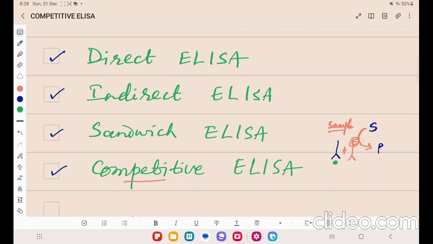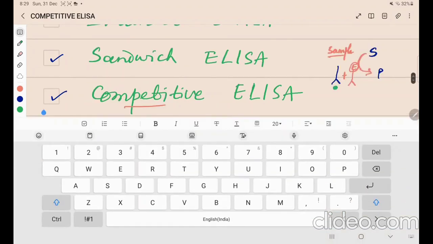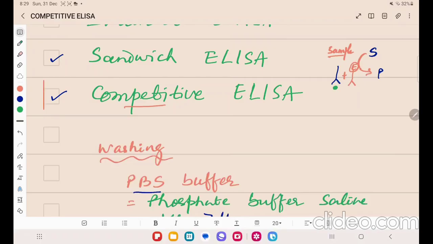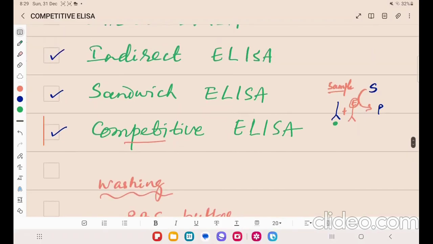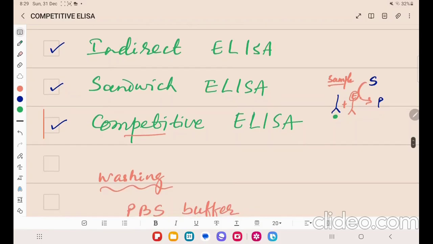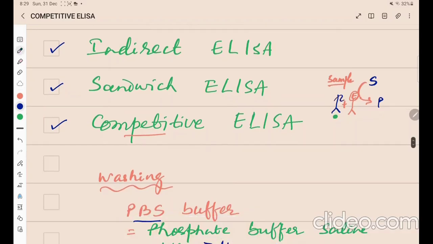When we say competitive ELISA, suppose there is an antigen, then the antibody in the sample can bind to this antigen. We can add another antibody conjugated with enzyme. So the antibody in the sample and the antibody conjugated with the enzyme both will compete for the same antigen. Who will win? Whose concentration is more?